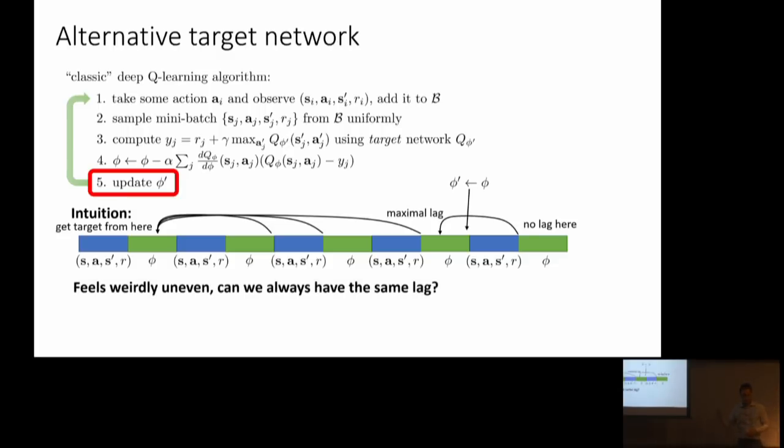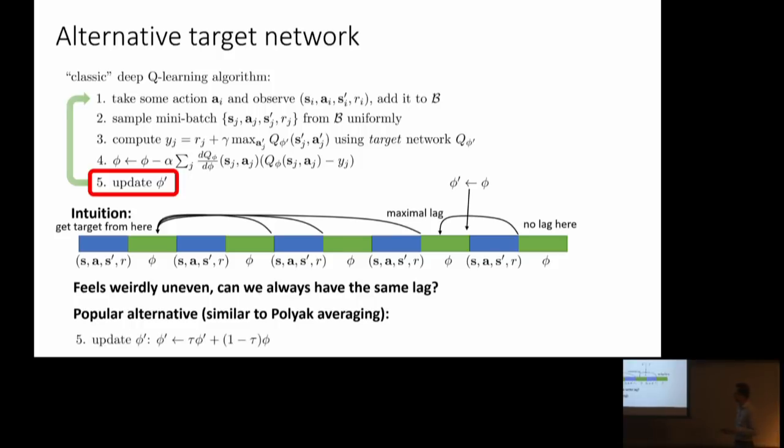So one way you can do that and make sure that you always have the same amount of lag is to literally just use a damped update, which is kind of similar in spirit to Polyak averaging. That means that in step 5, every single time you update phi, you also update phi prime to be a weighted combination of the old phi prime and the new phi. And you choose the weight so that mostly you're keeping the old phi prime, but you're leaking in just a little bit of the new one.